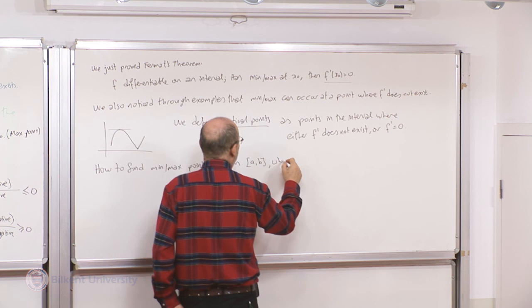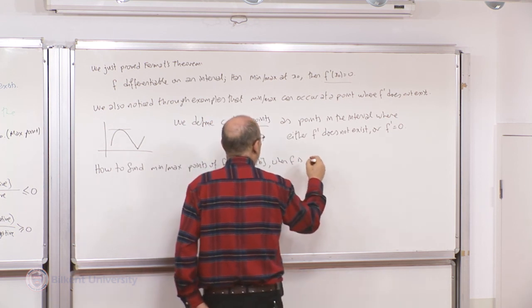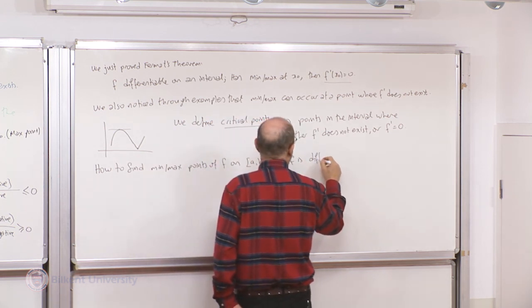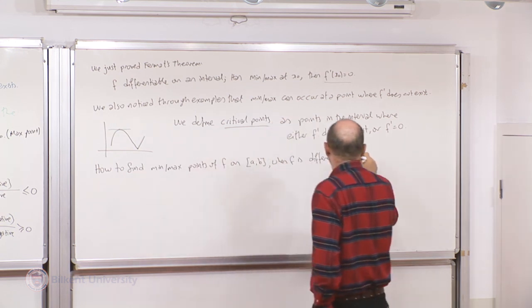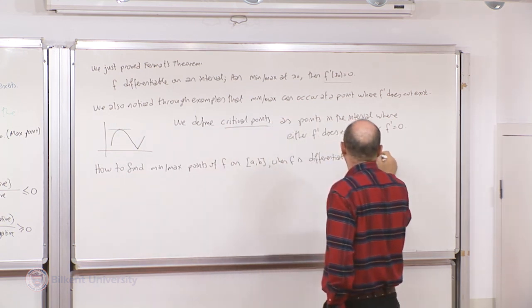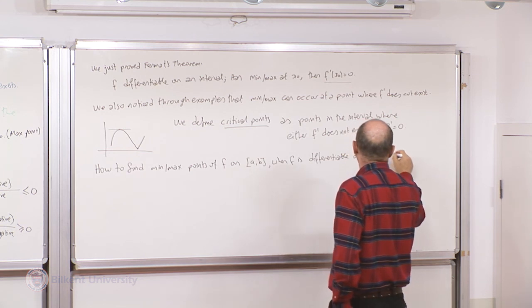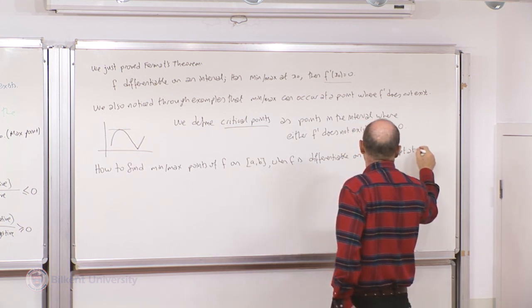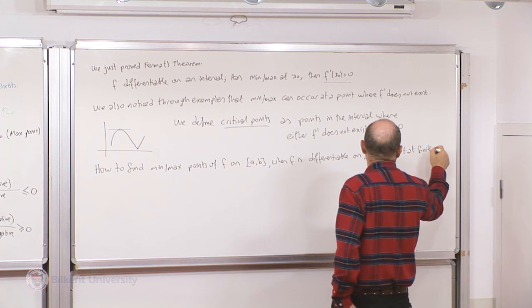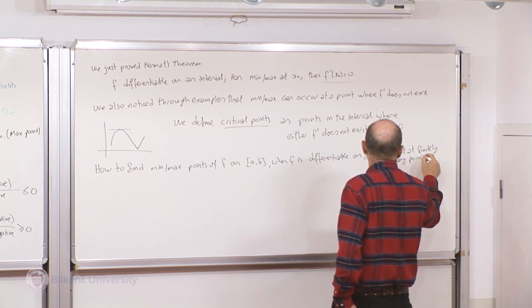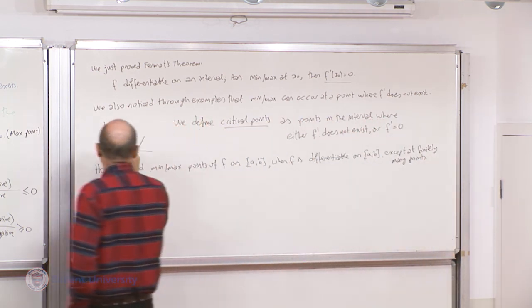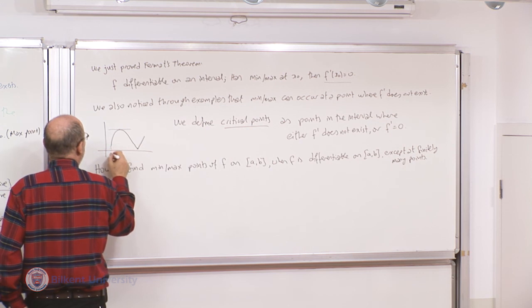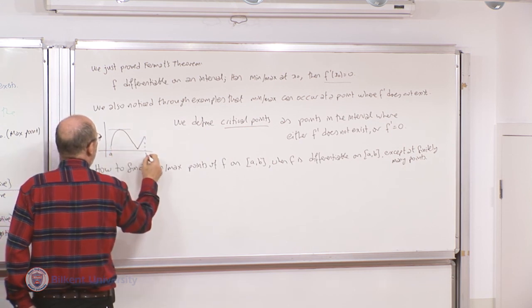When f is differentiable on AB except at finitely many points. For example, in this case, I can take my interval like this. This can be A, this can be B.